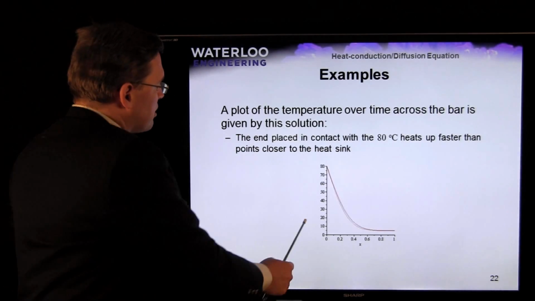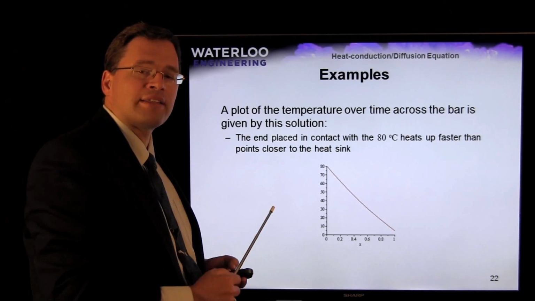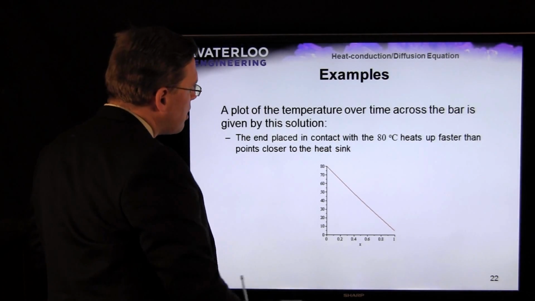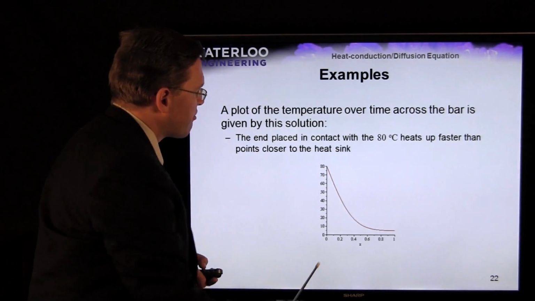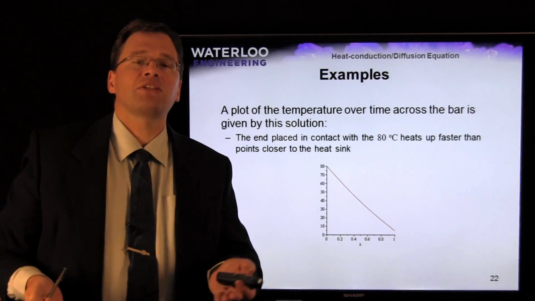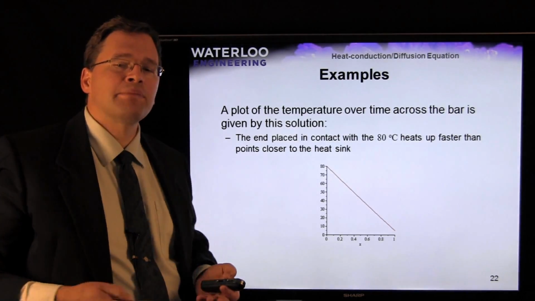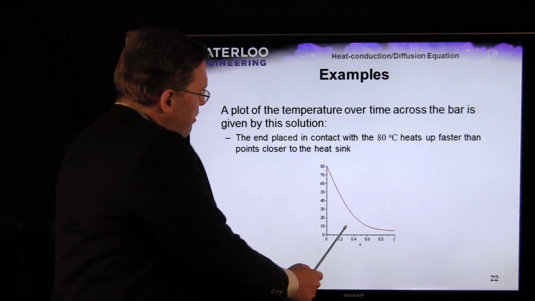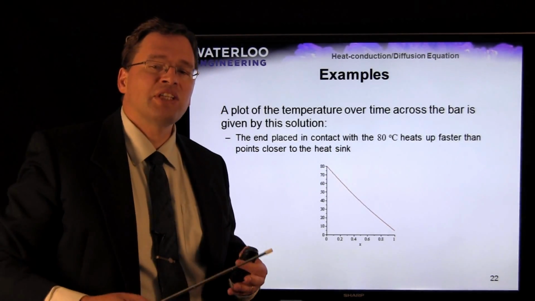And the region very close to the body that's at 80 degrees also warms up. While over here, close to the body that's still at 5, initially nothing is happening. Why? Because it's still a straight line. There's a straight line, so there isn't much concavity, so there isn't much change. However, here where you have significant concavity, you start seeing significant change.